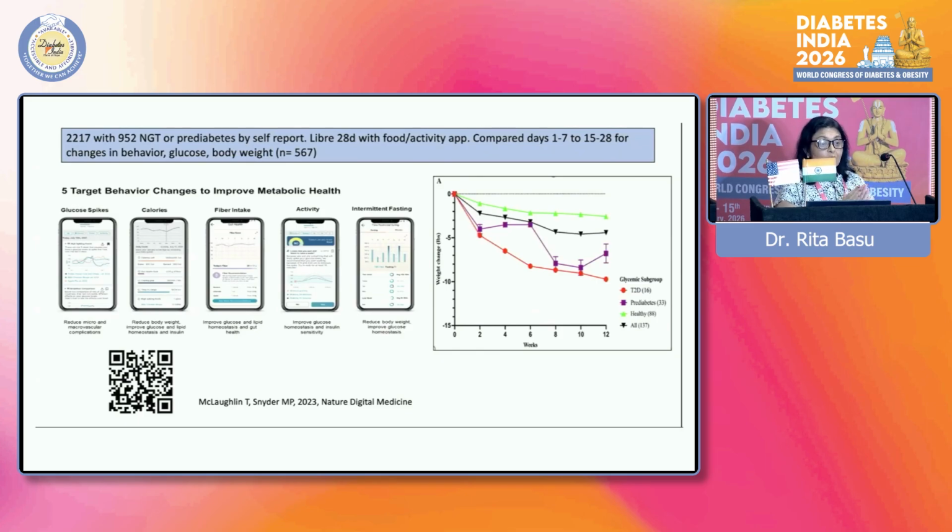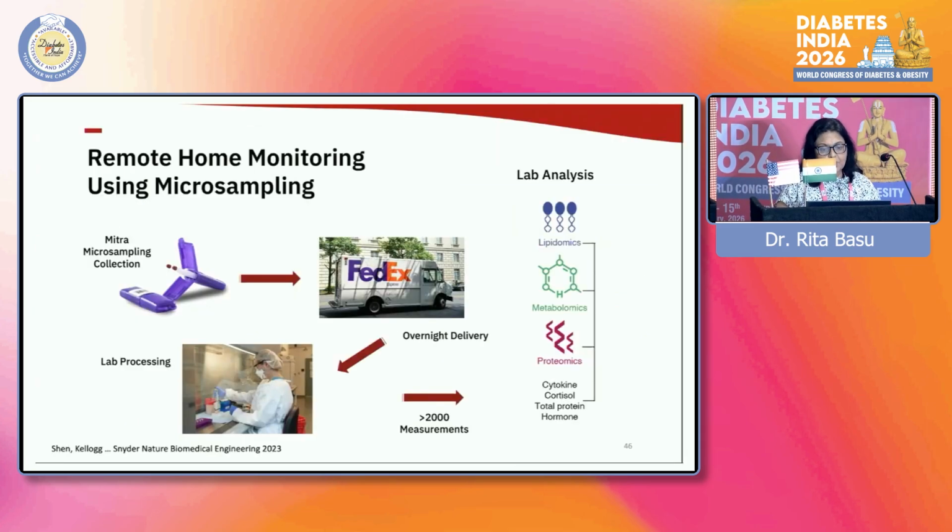One is the glucose spikes that come from different foods, the calories you're consuming, the fiber intake, which can slow things down, and activity, of course, which improves things. And intermittent fasting, where the jury's out, because if you eat within 10 hours a day and you eat like crazy, you're not going to have any benefits. So I'm not a believer in intermittent fasting, but I'm just showing you what they showed.